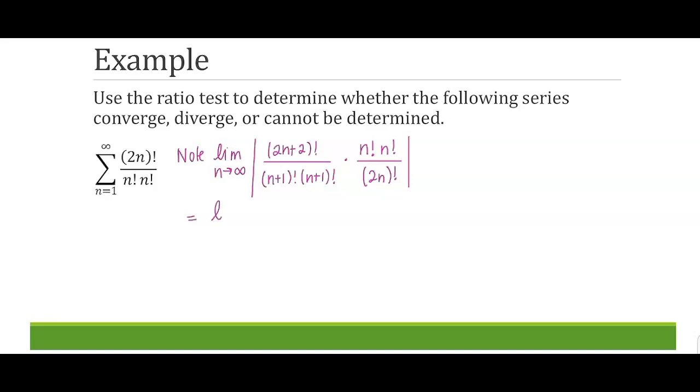So now we're just going to be really careful when expanding these out to think about what does cancel here. First I'm going to go ahead and drop the absolute value bars. Everything here is positive. And then I'm going to think about the 2n plus 2 factorial over the 2n factorial.